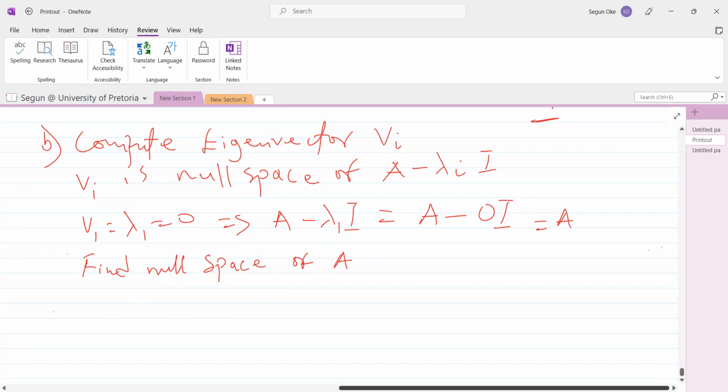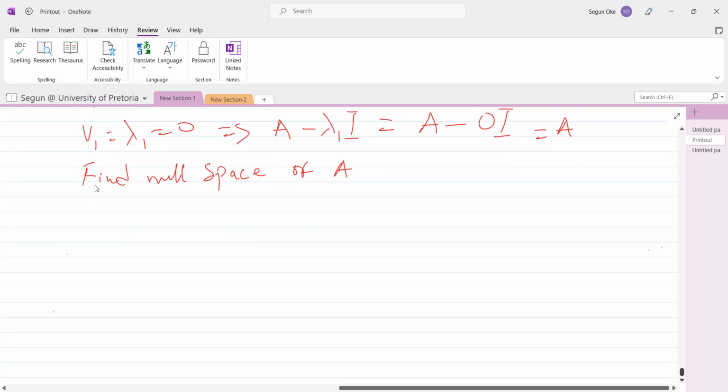For you to find the null space of A, we all know our A. Bring all your A down: 4, 6, 10, and 3, 10, 13. Remember, there is 0, 0, and -2, -6, -8, 0.